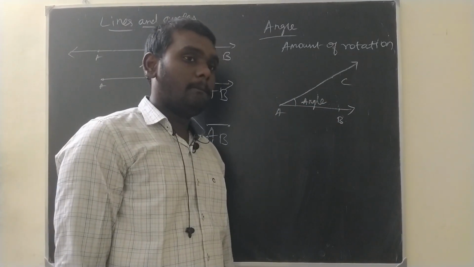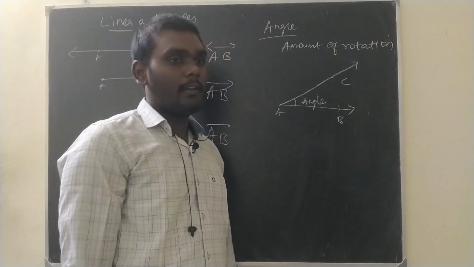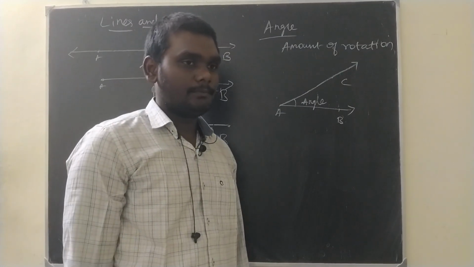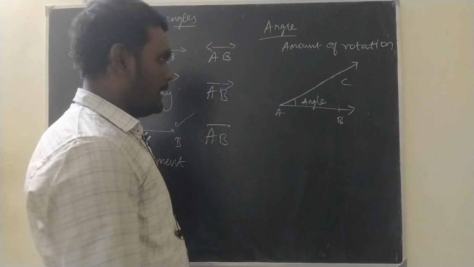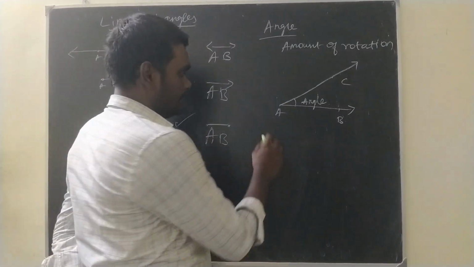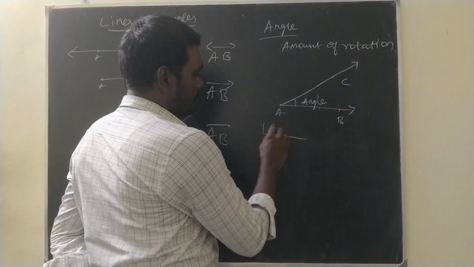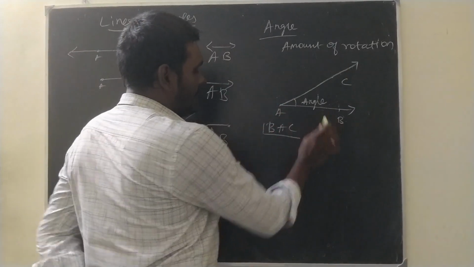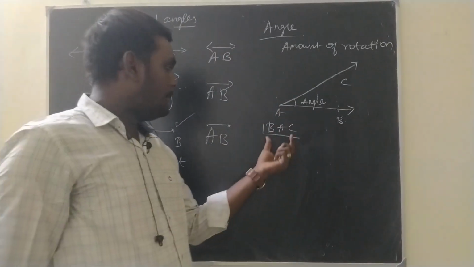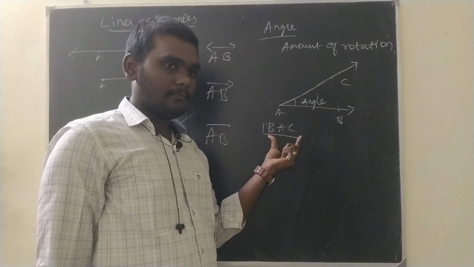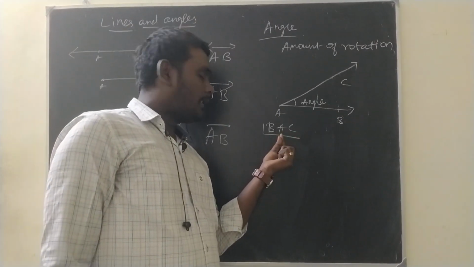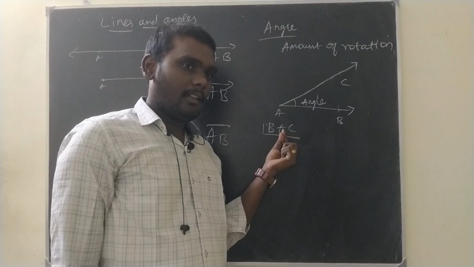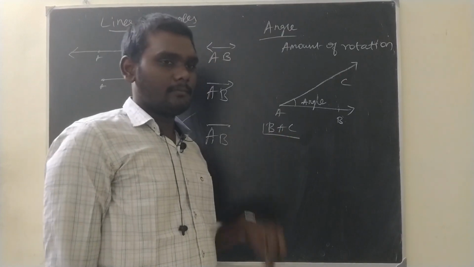And we denote the angle. How do we denote the angles? Usually, angle BAC, meaning in between B and C, the center alphabet, in that alphabet the angle lies.